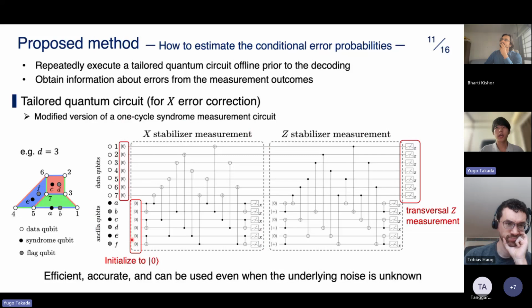Then we detect errors deterministically through direct transversal measurement of the data qubits. This circuit enables us to detect errors occurring in a qubit solely based on the outcome of a single qubit measurement for that qubit. So I estimate the conditional error probabilities used in the weight that we propose in this way.